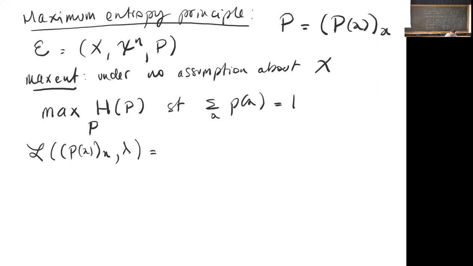Which is my entropy. So let's write it explicitly. Minus lambda, sum over x of p_x minus 1. This is my constraint.